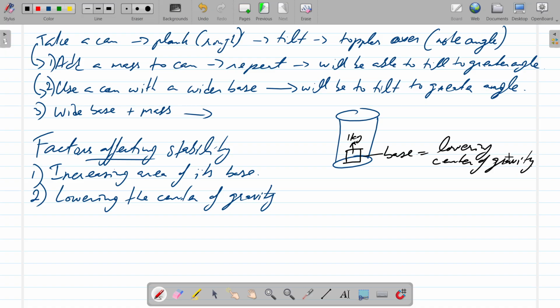because now we can't say the mass is physically concentrated at the base but the center of gravity is at the center of the can. No, now the center of gravity is somewhere over here, at the center of that mass you put in.